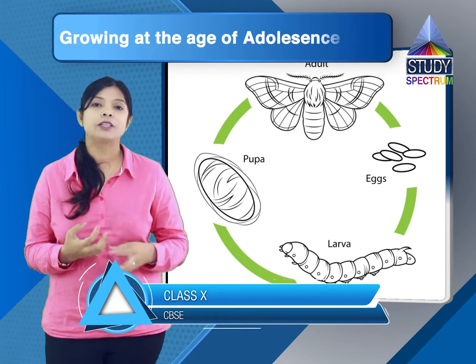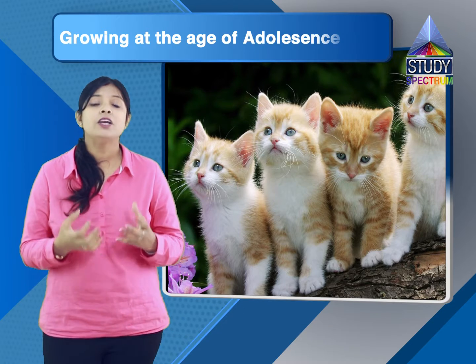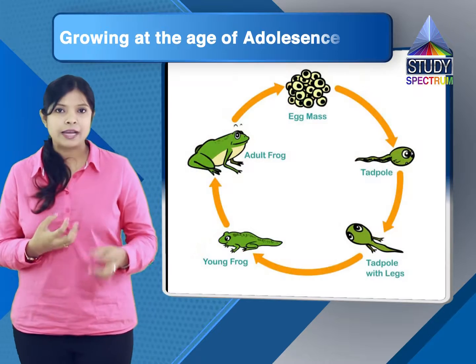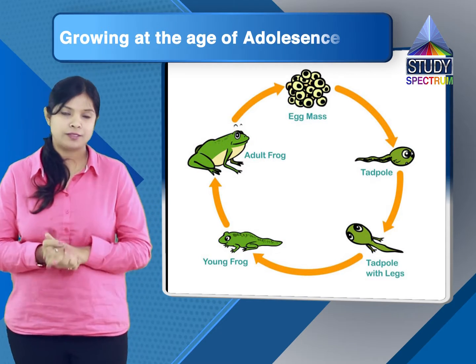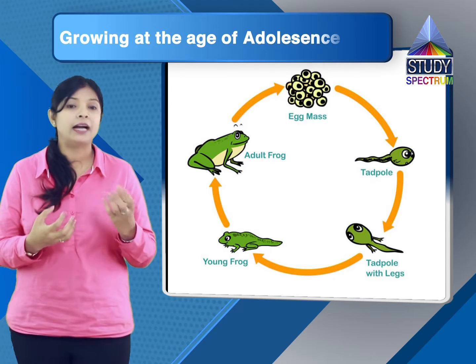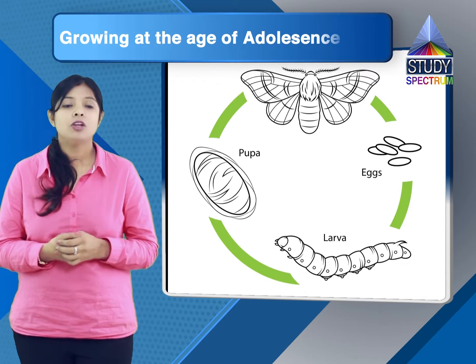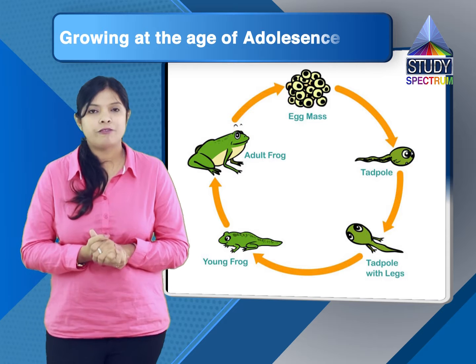They do not resemble each other. As we discussed, the babies of human beings, cats and other animals resemble their parents, but in the life cycle of frogs and silkworms, they do not resemble their young ones. As we have seen, the moth emerges out from the pupa. And if we talk about the frog, what is the life cycle of the frog?